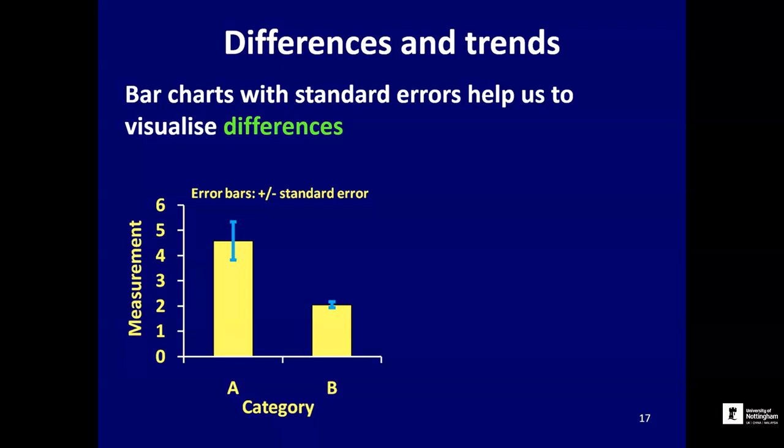Here I've got two groups, A and B, and I've calculated the mean and the standard error and plotted it on a graph, and that gives us an idea of how the means differ. In this case, Group A has a higher mean than Group B, and also the degree of confidence that we have in each of our two means, which are ultimately estimates of underlying populations, and those are reflected in the error bars as we discussed in previous lectures.